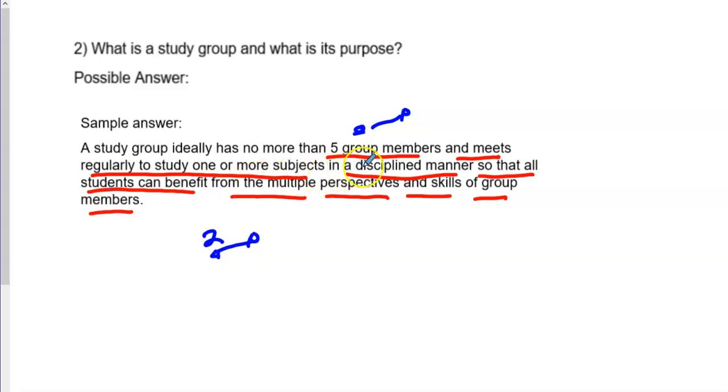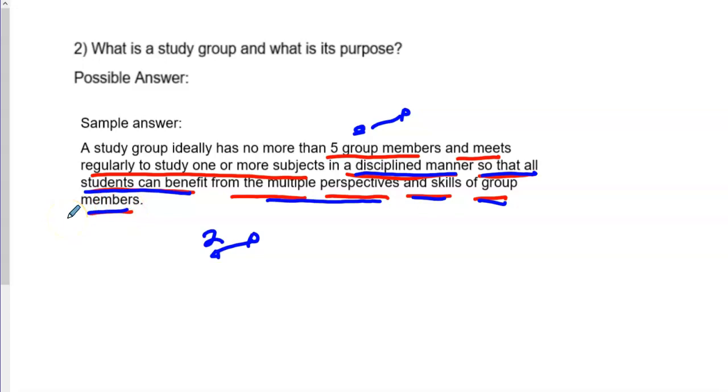The next thing you have to realize is that this should be in a disciplined manner. So once you come to the study group, you have to have a purpose. You should know why you are there. We are there to do something, and so you have to be there to contribute. That is very important. And when you are there with that mindset, it helps everybody to benefit from multiple perspectives and skills of group members.